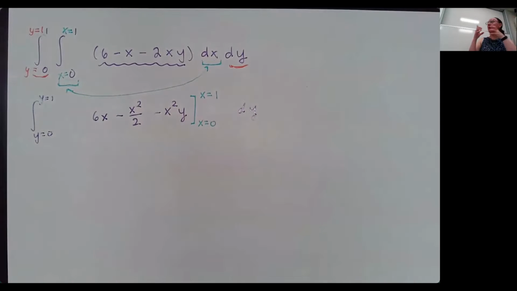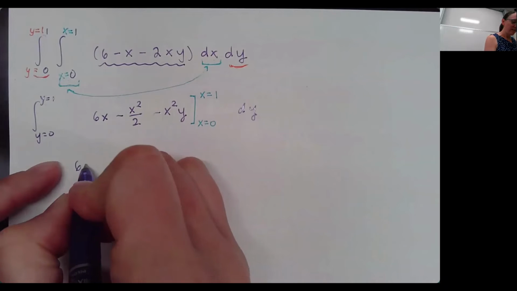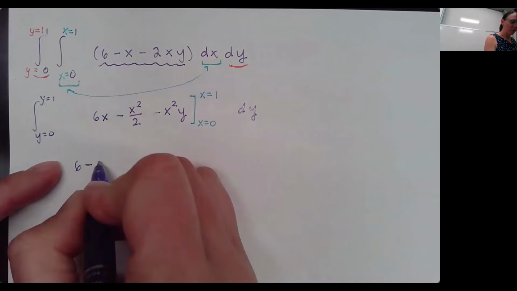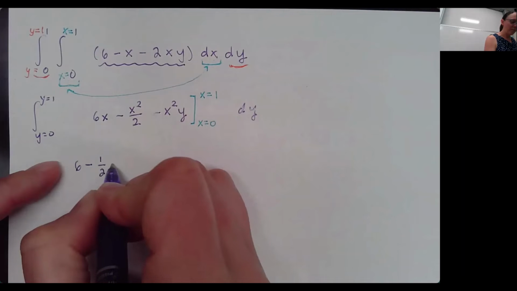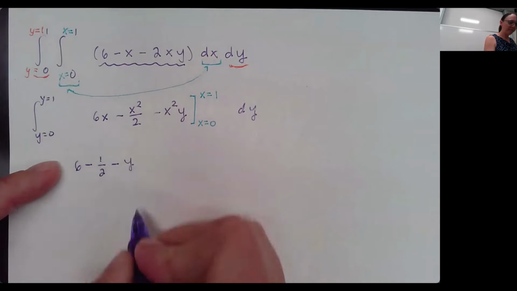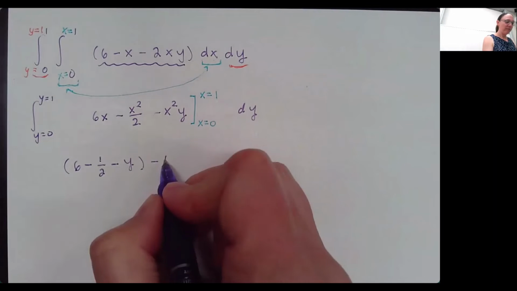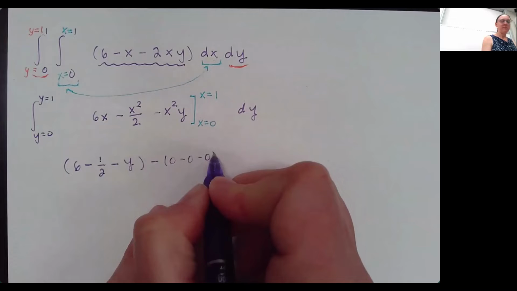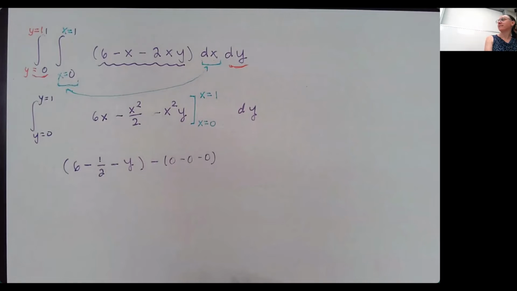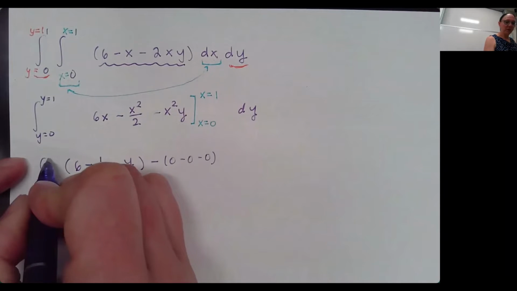So I'm computing that entire inside integral first. So if I plug in 1, I've got 6 minus 1 squared over 2, so 1/2, minus 1 squared times y. When I plug in 0, I will have 0 minus 0 minus 0. So conveniently, I don't have to worry about the zeros this time around. Again, that's all living inside of this integral from 0 to 1.